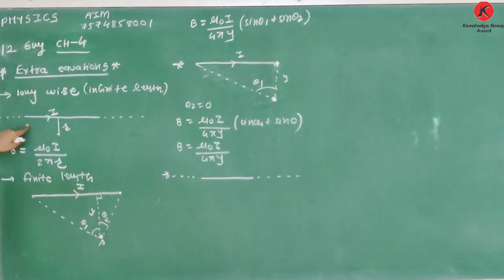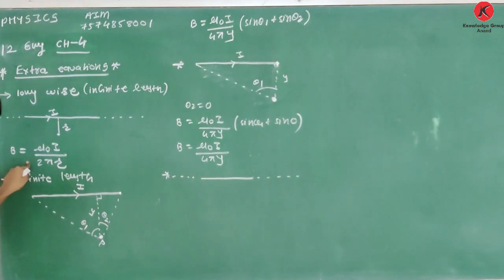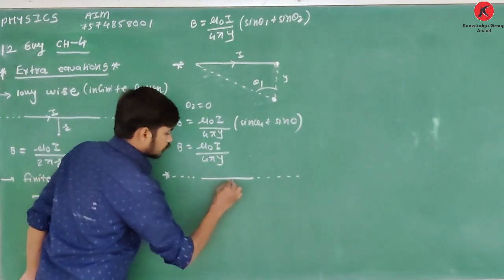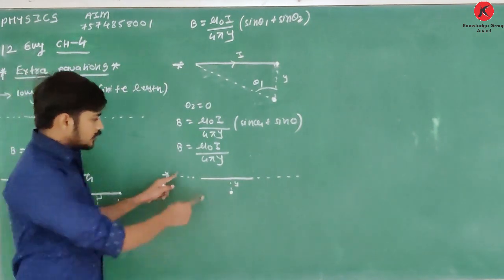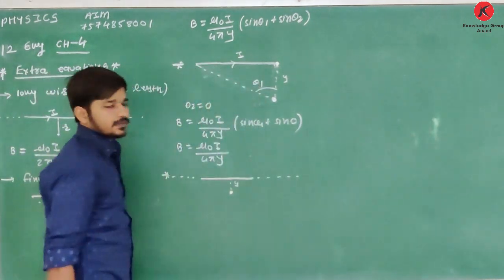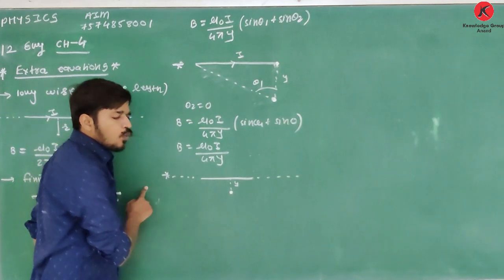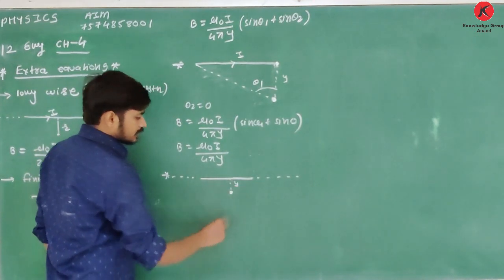Okay, if you are given a wire of infinite length, then how do we find the magnetic field? We will obtain this equation by the second method. Let this be the point where we have to find the magnetic field. Draw a perpendicular to the wire. Now see, this wire is of infinite length, meaning this length is very large compared to this, so this distance is negligible.